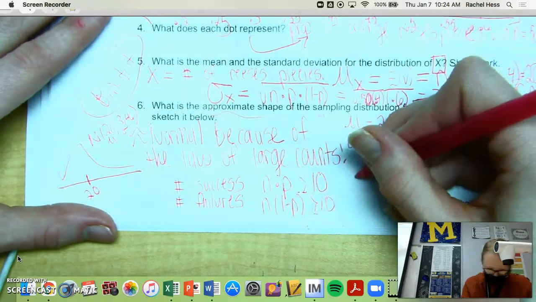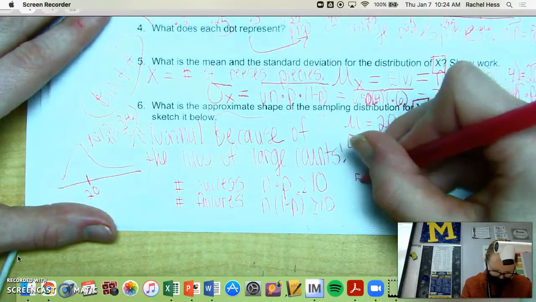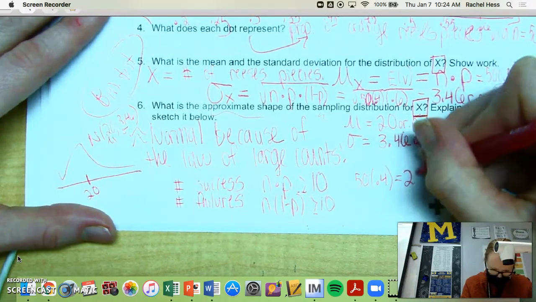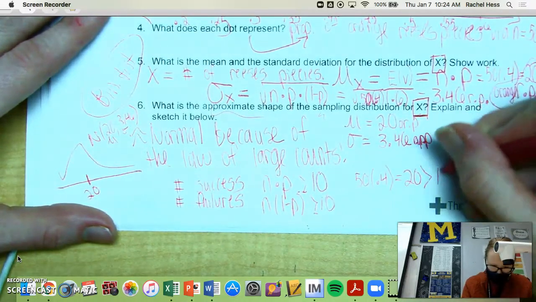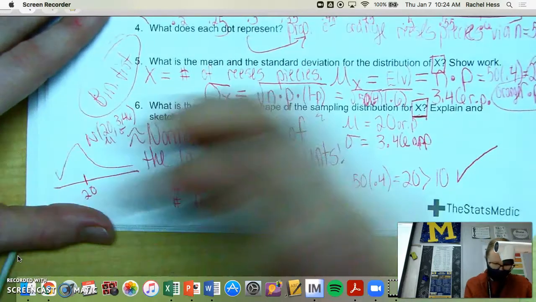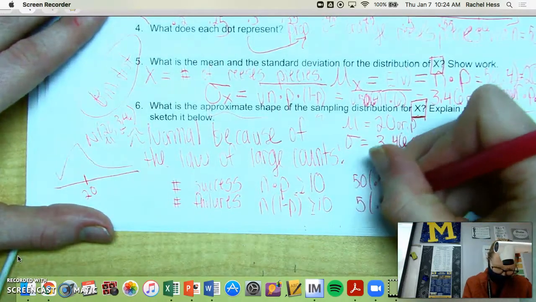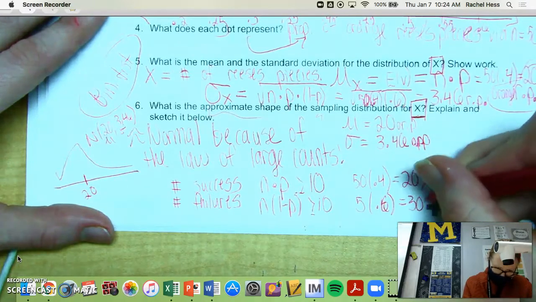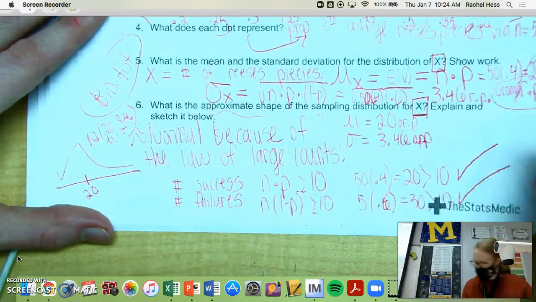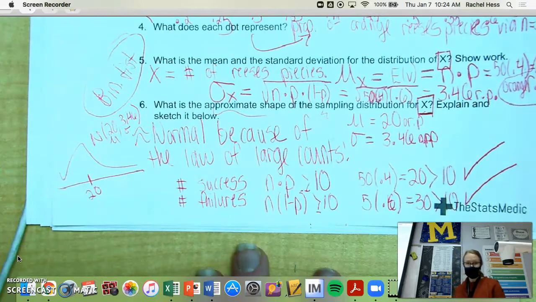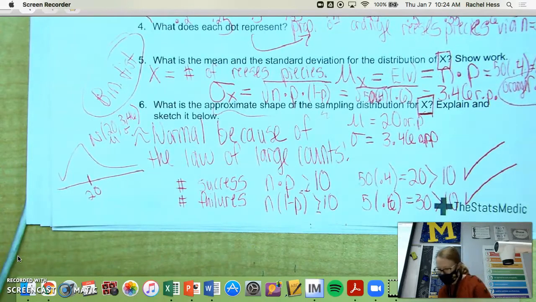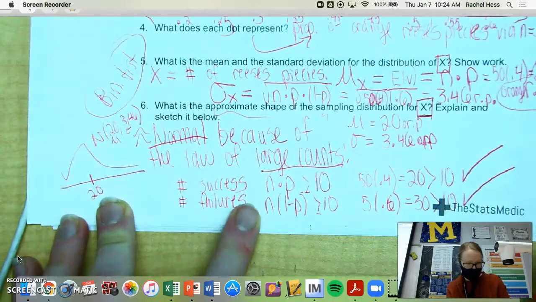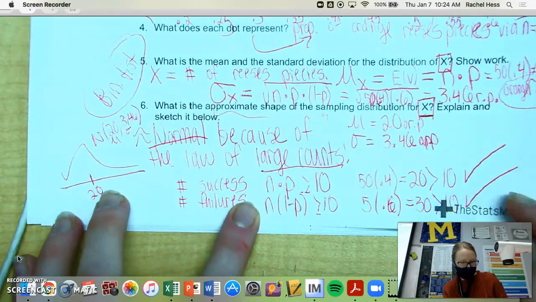But either way, our number of successes, so 50 times 0.4, is equal to 20 successes. Well, that's greater than or equal to 10, right? In this case, our sample size times our proportion of failures is 30, which is also greater than or equal to 10. So we are good there. Once again, we were able to say normality because of the law of large counts, right?